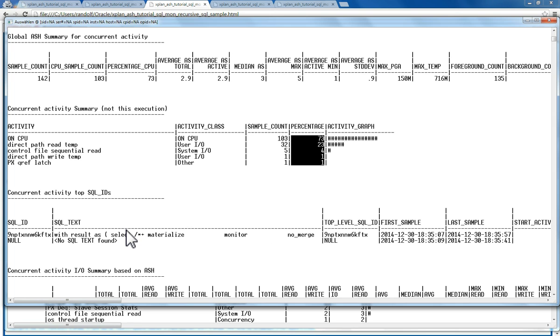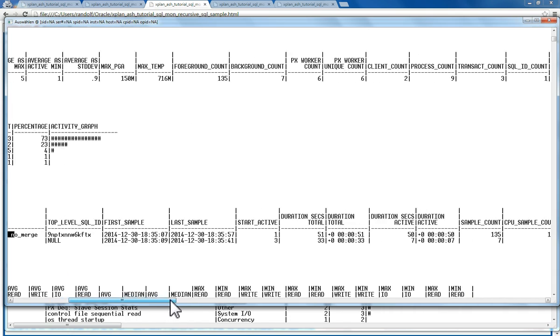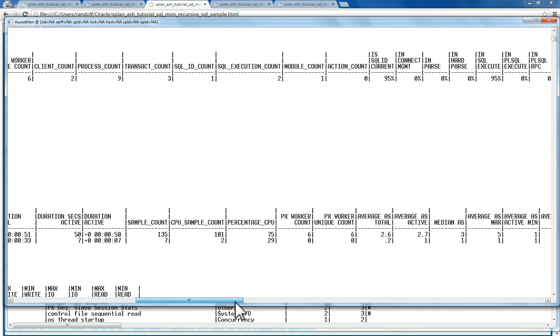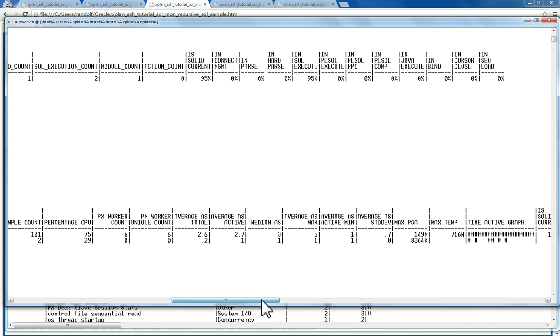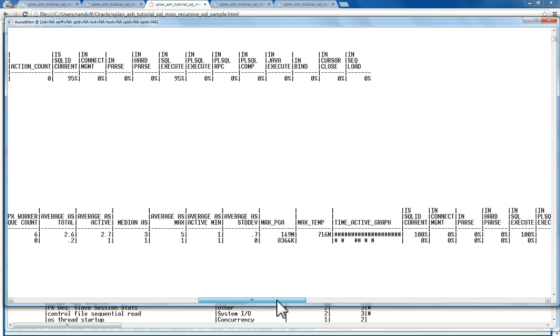So that is the top order of these, and again you see here the SQL ID. If available, you see the text, and the top level SQL ID, first sample, last sample, and so on. It's pretty much the same that you get for these other activities. So there are pretty much the same values. Also the time active graph and the flags.